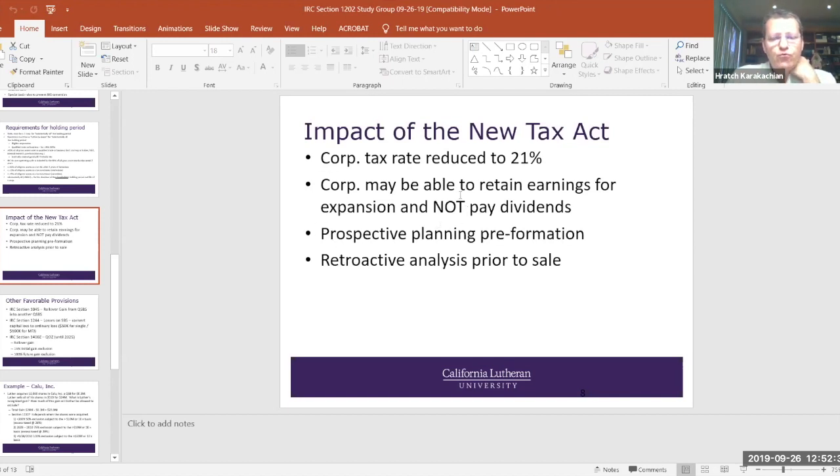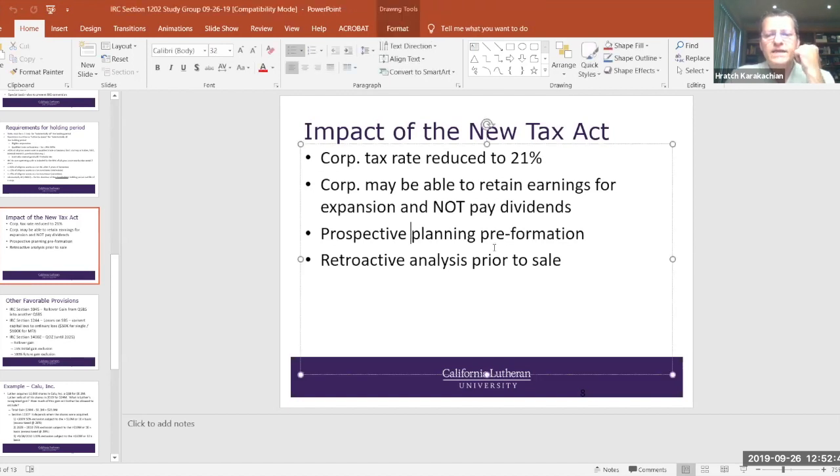The other two things to note in a 1202 context: if the client or the individuals approach an accountant or an attorney ahead of time, there could be some diligence and some pre-formation planning to set things up.